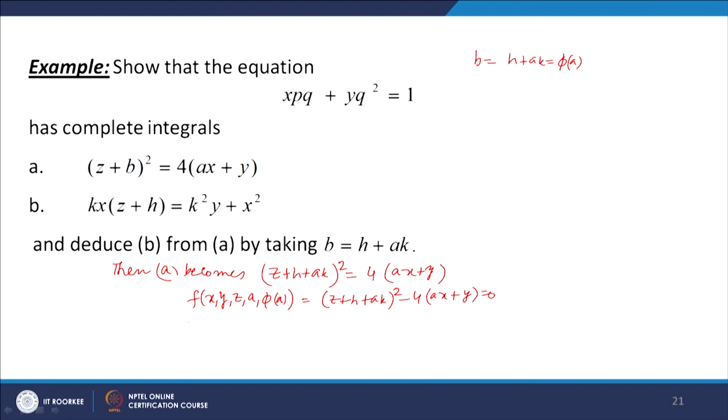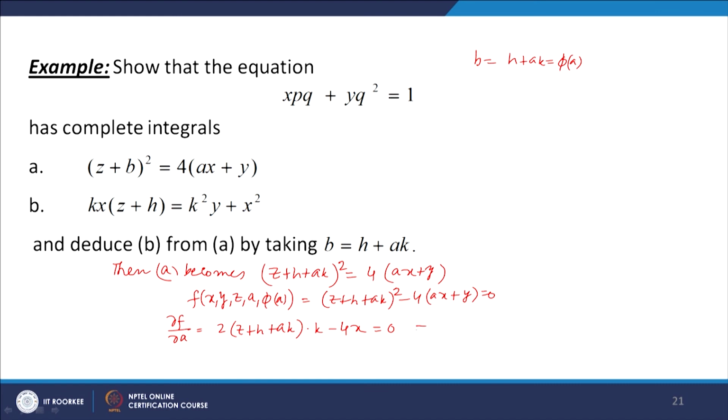And let us differentiate this partially with respect to a. So, partial derivative of f with respect to a is 2 times z plus h plus a k into k minus 4x, we put it equal to 0, and determine the value of a.